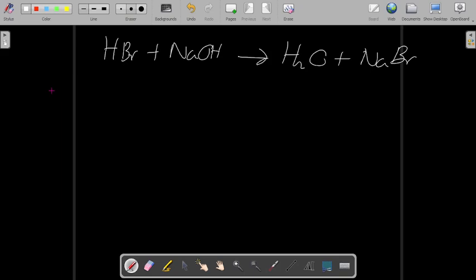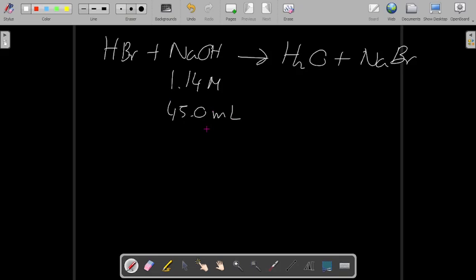Step 2, calculate the moles from the concentration or molarity of the acid or base given to you. Well, what did they give to us? They gave us the sodium hydroxide. What did they say? They said that the molarity was 1.14 molarity, and that we use 45.0 milliliters.